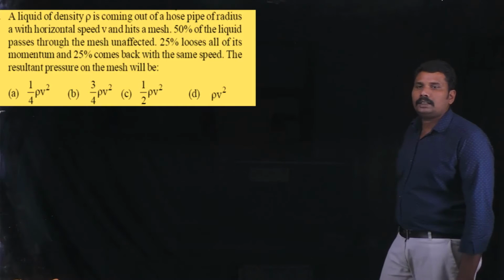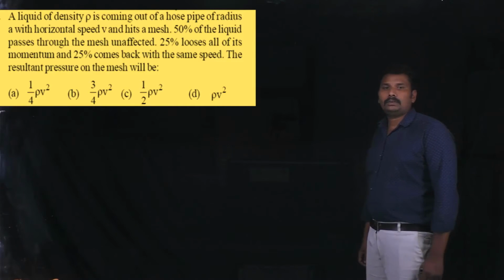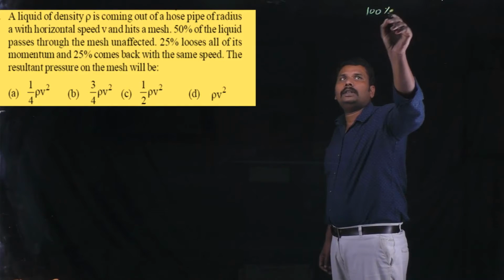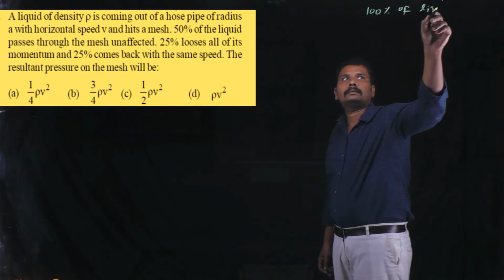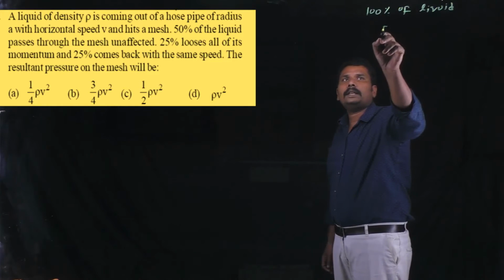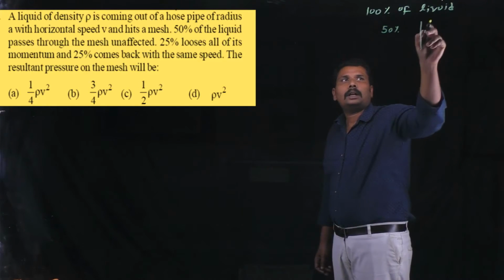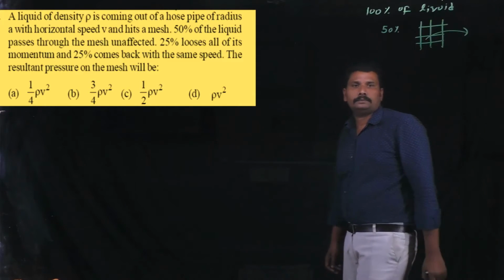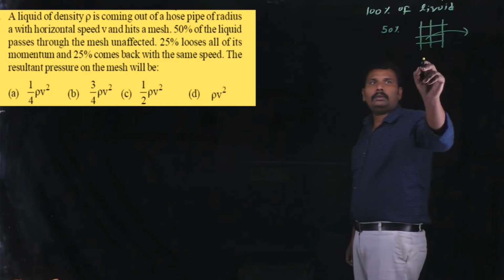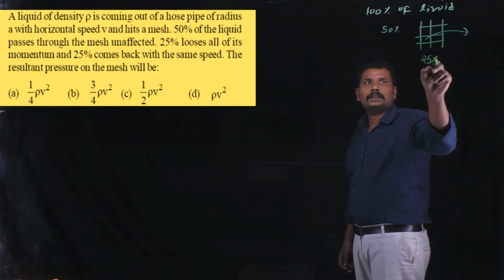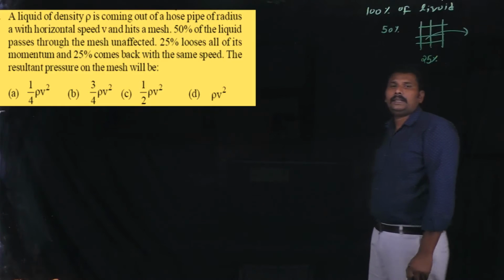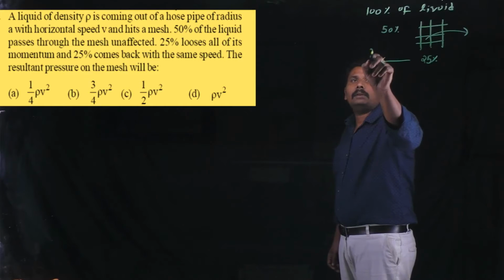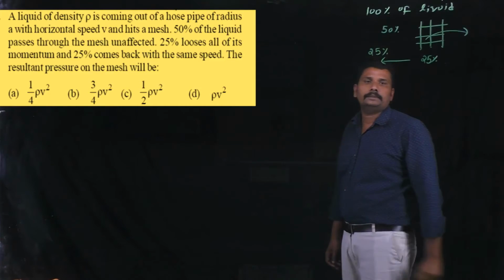The resultant pressure on the mesh will be, in this question, the total 100% of the liquid: 50% of the liquid comes out from the mesh, 25% stays on the surface of the mesh, and the remaining 25% comes back with the same speed.